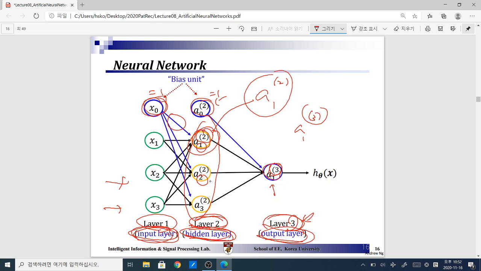This represents the neuron at layer 2, which is the first unit of the pool of neurons within layer 2. And as you can see, all of these features and neurons are fully connected.